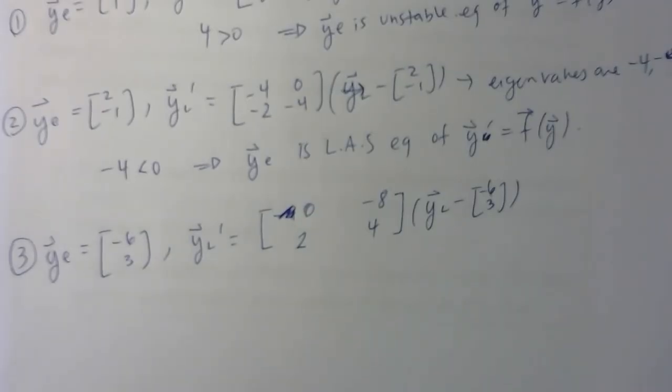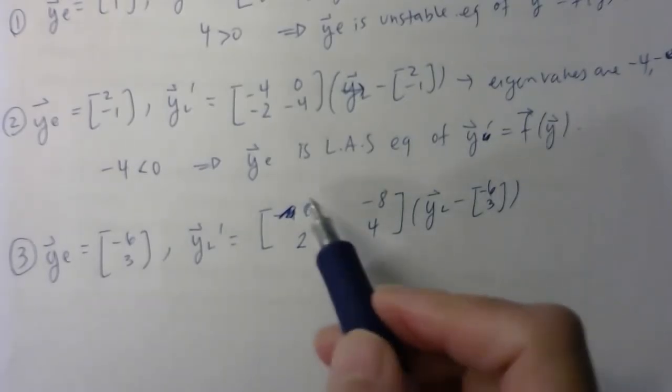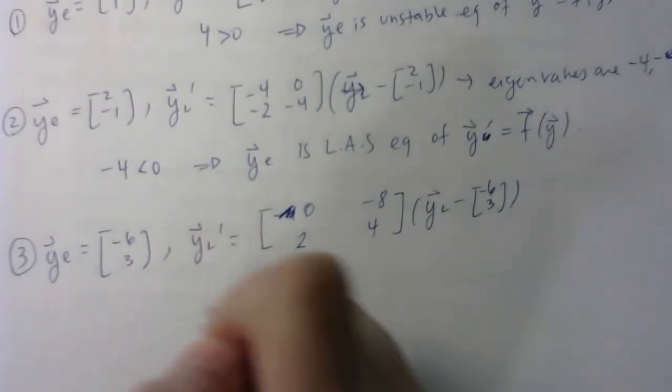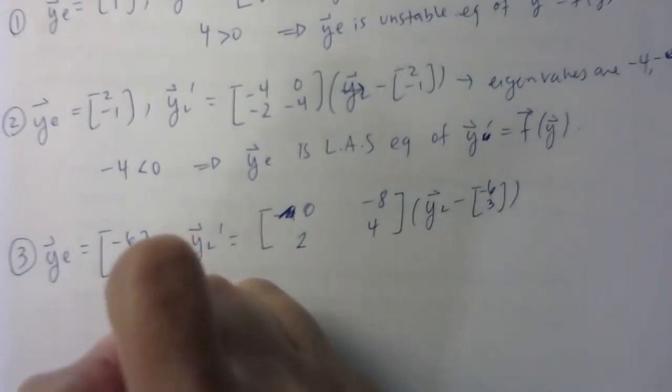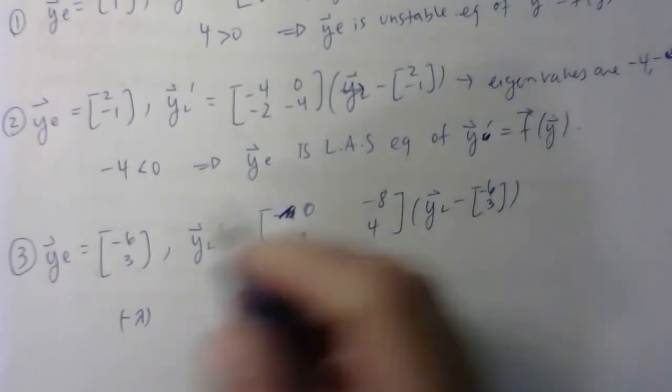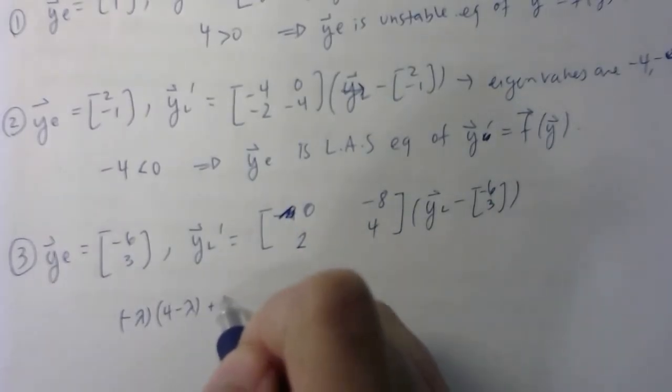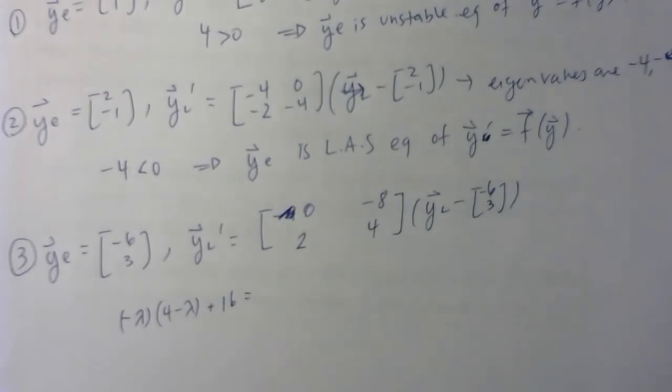Okay, so what are the eigenvalues of this matrix? I'll subtract lambda. So I'll say minus lambda here times 4 minus lambda minus minus, so plus 16.